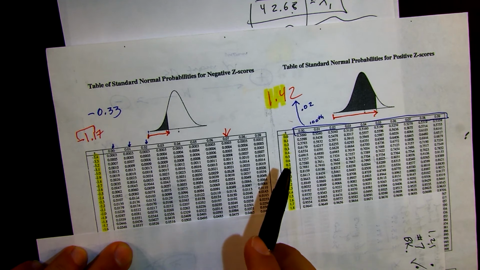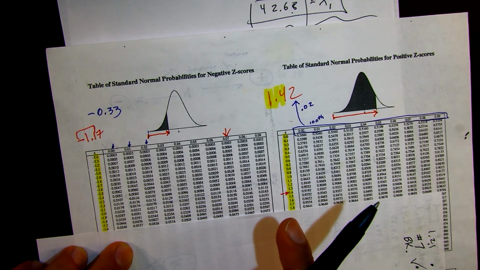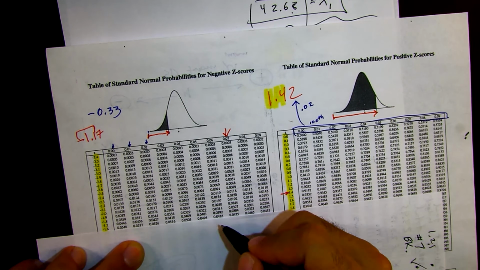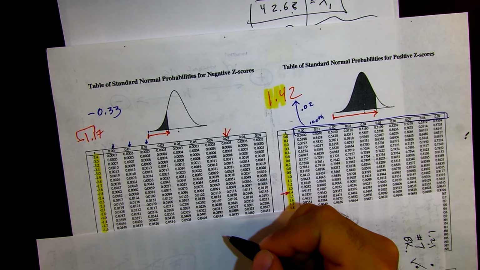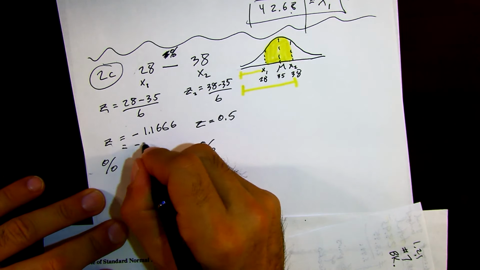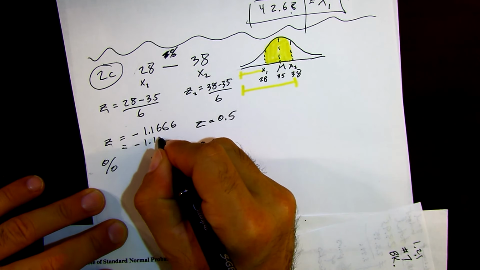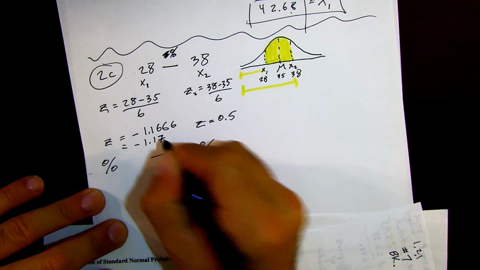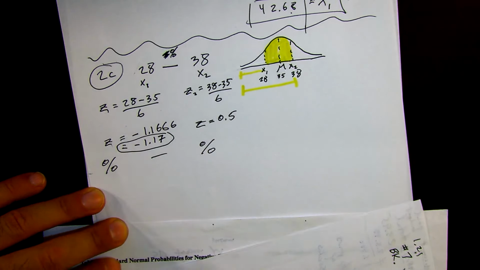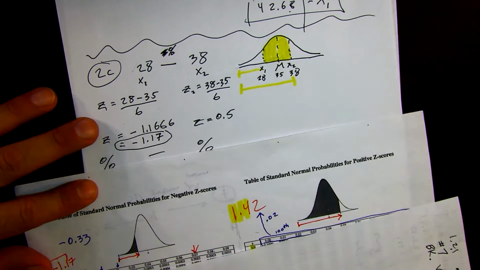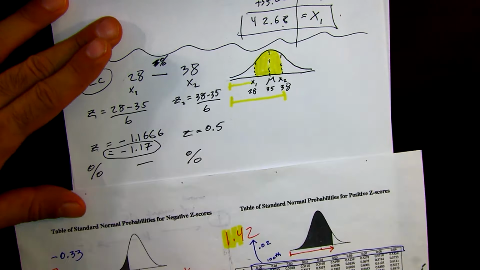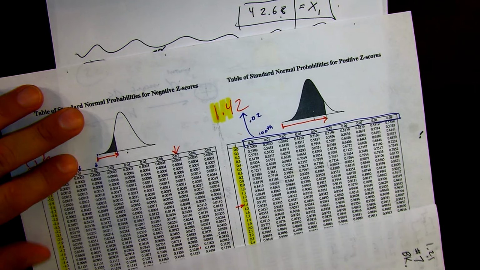Because it's 6 repeating, I'm going to keep it. Now, you know what? Because we're going this direction, let's go ahead and change that to negative 1.17. This one will keep it the same, but we're going to use that z-score and find now what that percentile equals. So I look back at 1 point, or I look at 1.1.